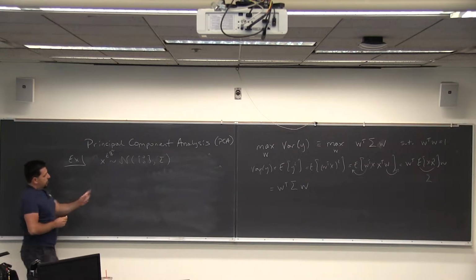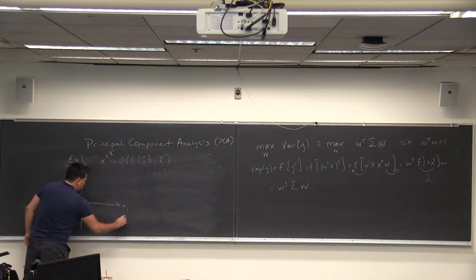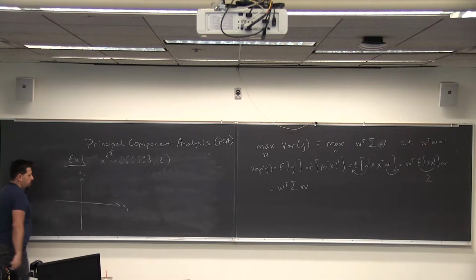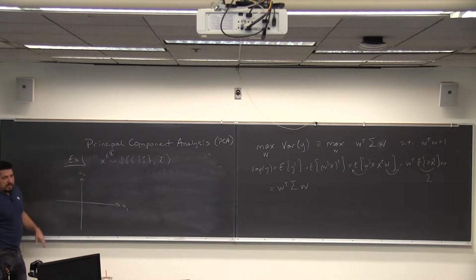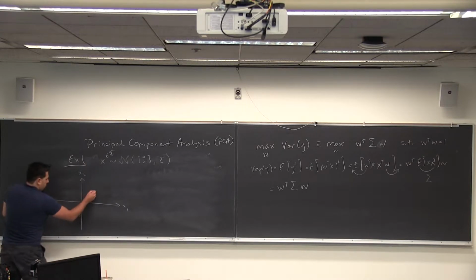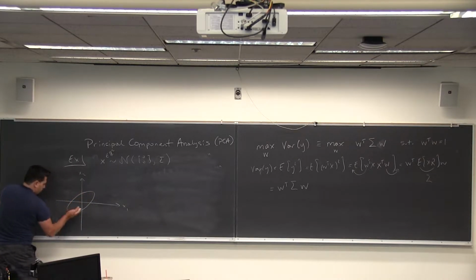So if I draw one equilevel contour of this Gaussian PDF, so here's my first component, second component. This Gaussian PDF is centered around the origin because the mean is 0, right? And depending on the eigenvectors and eigenvalues of sigma, the equilevel contours will be ellipses that are tilted and elongated. So I'll have equilevel contours that look like this.